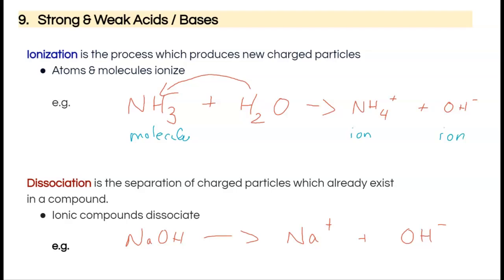Okay, and so here we have our ionic compound that is freeing up ions. Okay, so that's dissociation and that is ionization. I hope that's clear. It's a subtle difference, but it matters in terms of the language that we use.